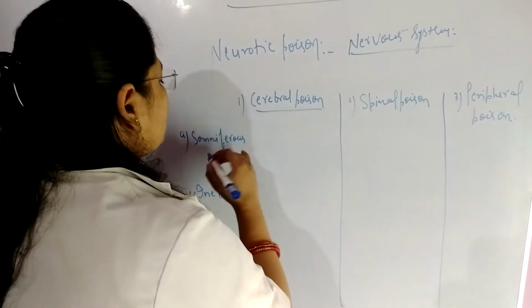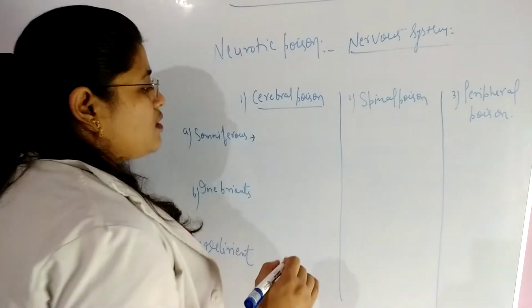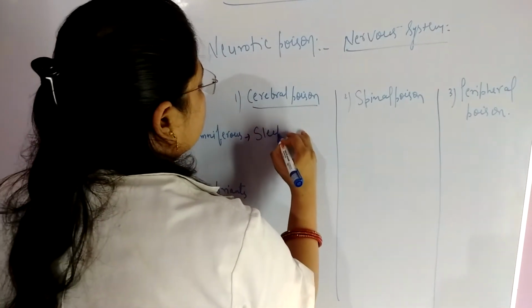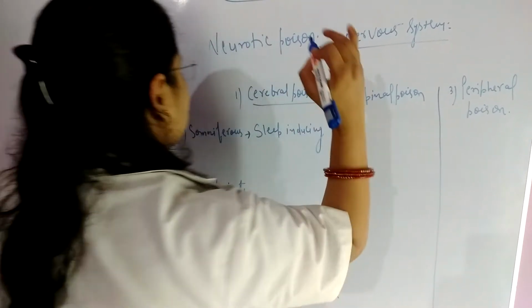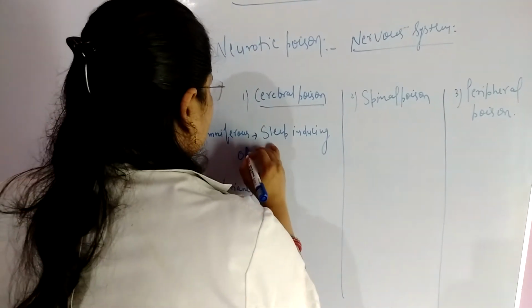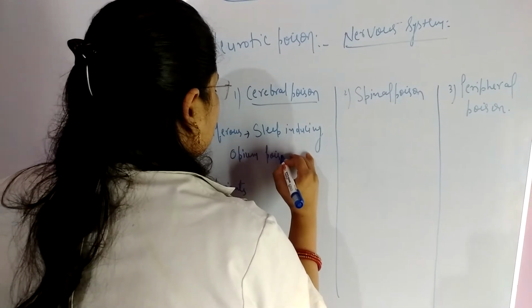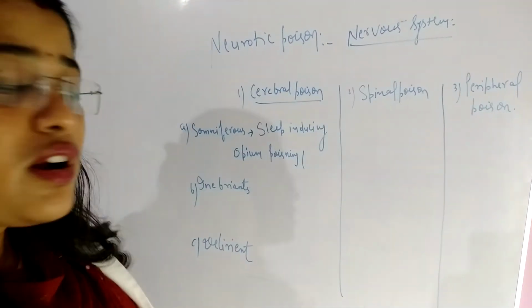Somniferous poisons means sleep-inducing poisons. The best example of somniferous poisoning is opium poisoning, and you can classify it as opioids.